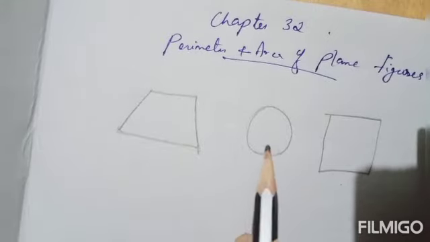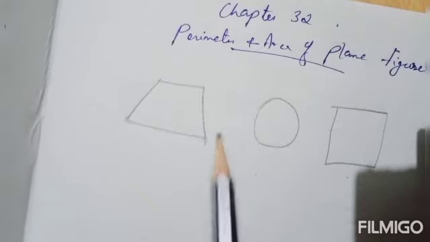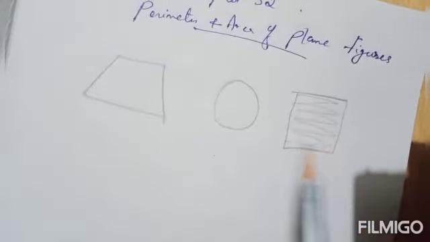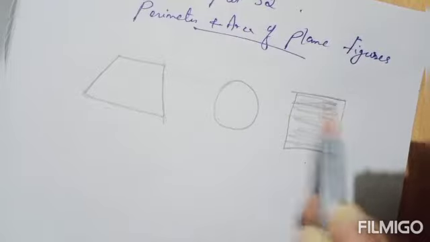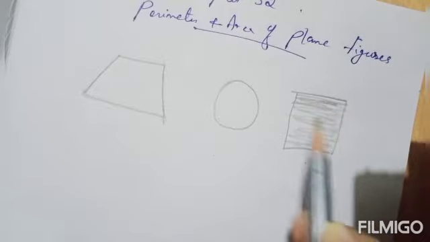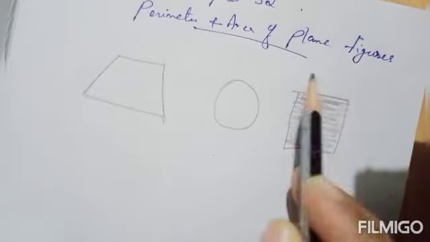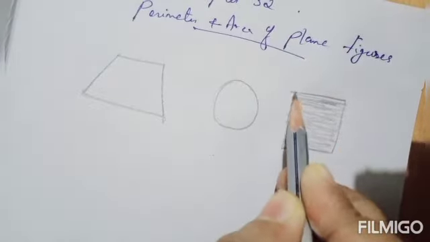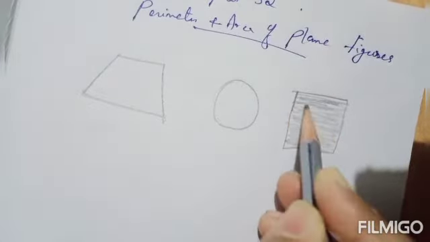Now region, next topic. Here you can see these closed figures have an interior region. This is the inside of this square. Now its exterior part is the remaining portion.